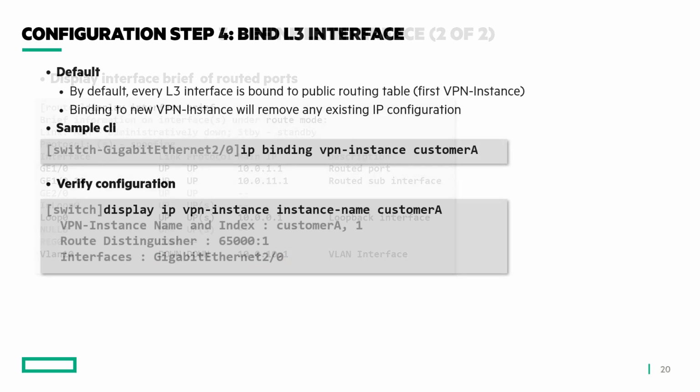You will create the interface, and if you had any IP settings or any other settings, those will be gone. You then bind it to the VPN instance, and you can verify this by display VPN instance name. You can see this is a single interface bound to the instance.